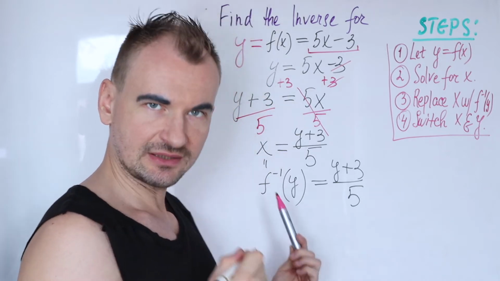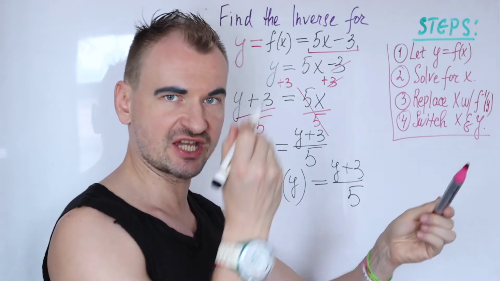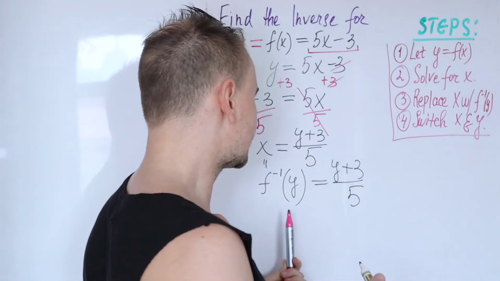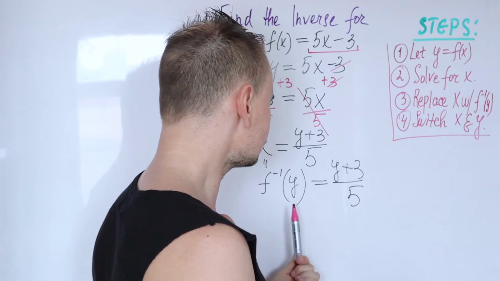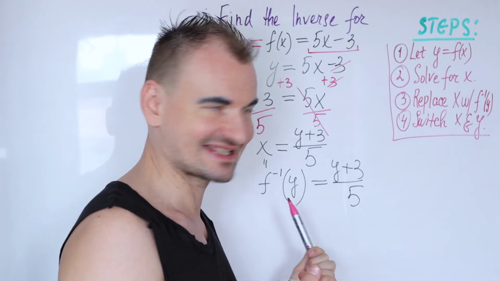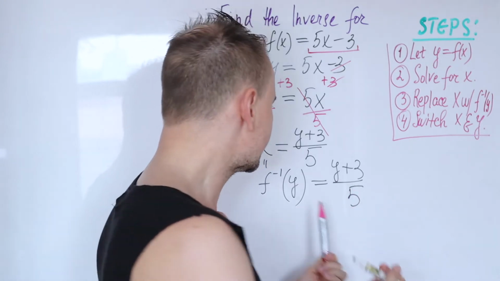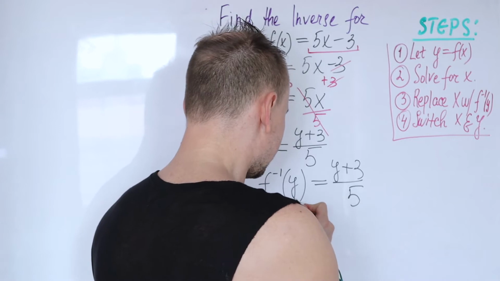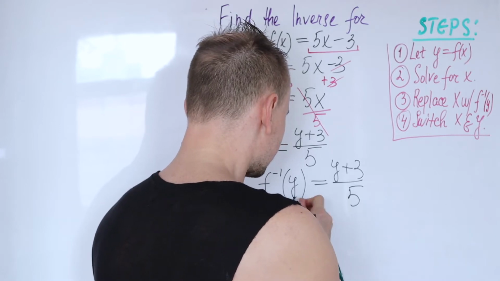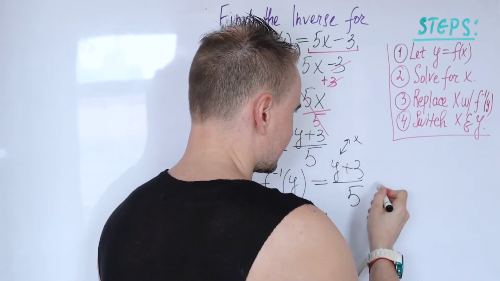Alright. And the last step, finally, you just simply switch x and y. So instead of y, I'm going to write x, everywhere y appears in my equation. So I'm going to replace here with x. And I'm going to replace this y with x.